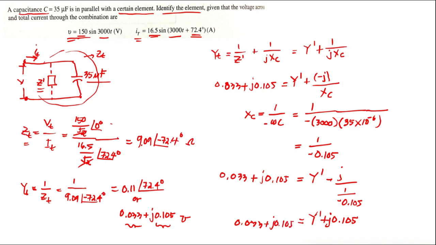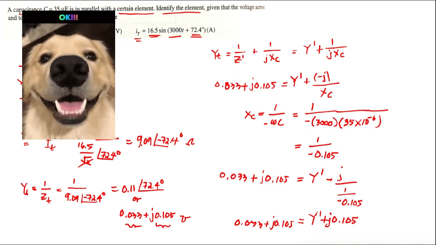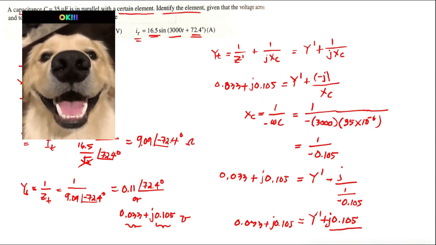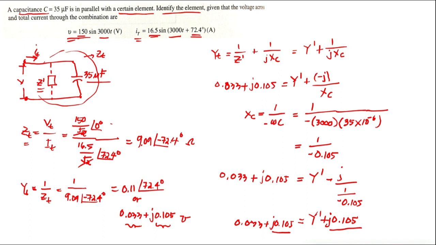Therefore we can say that this value is equal to this value, and therefore y prime is equal to 0.033.